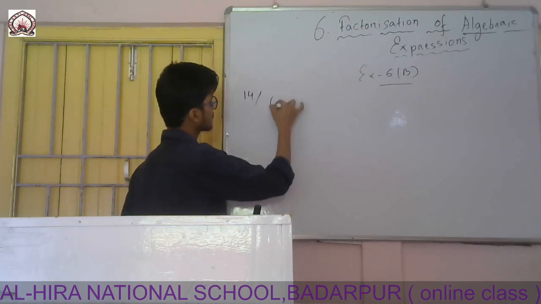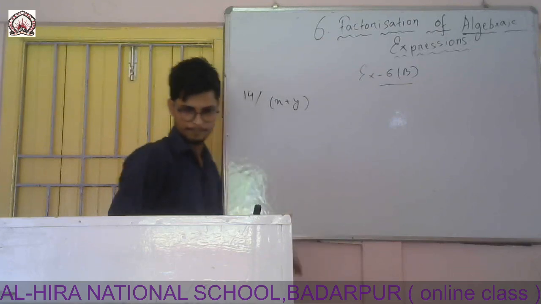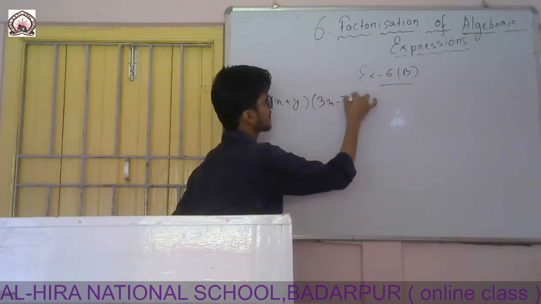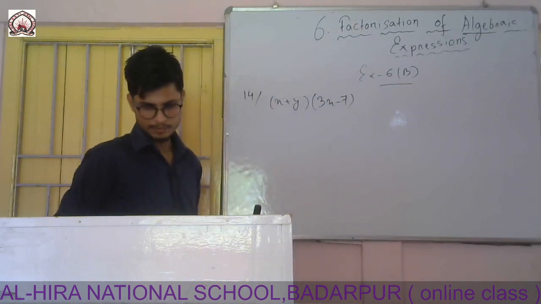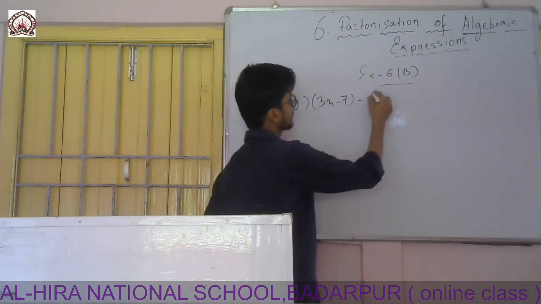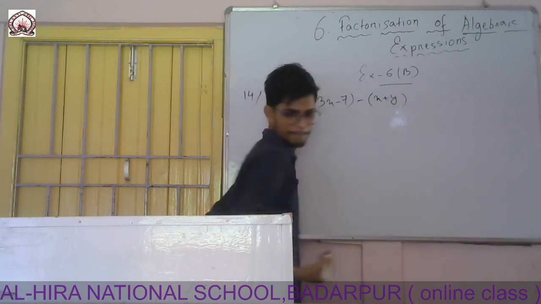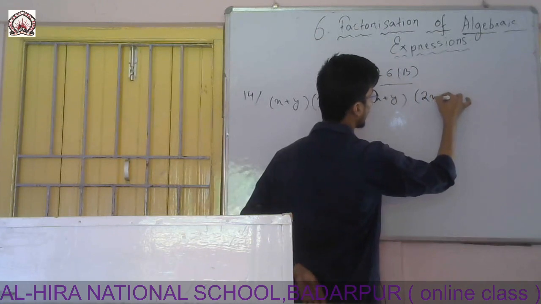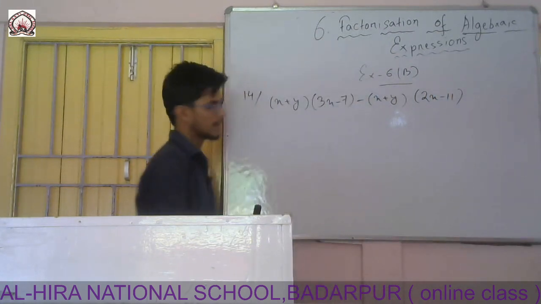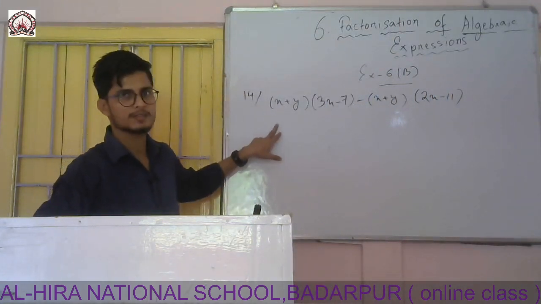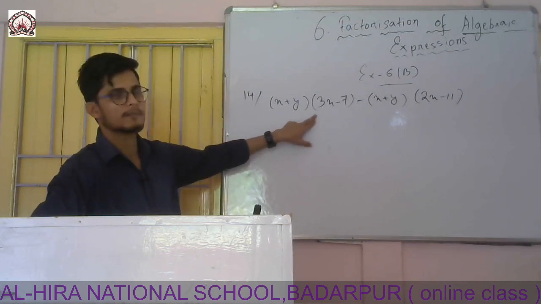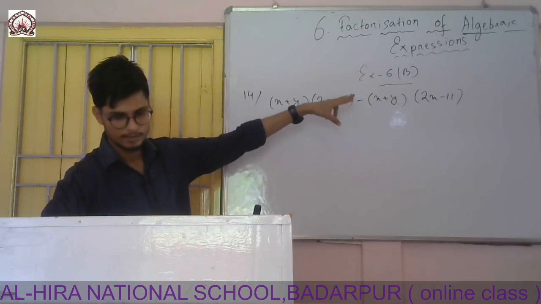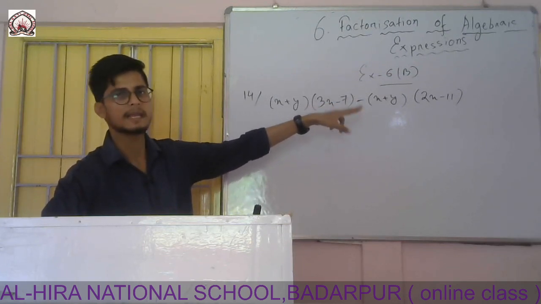The question is (x plus y)(3x minus 7) and minus (x plus y)(2x minus 11). First one is x plus y into 3x minus 7, given minus sign, then x plus y into 2x minus 11.